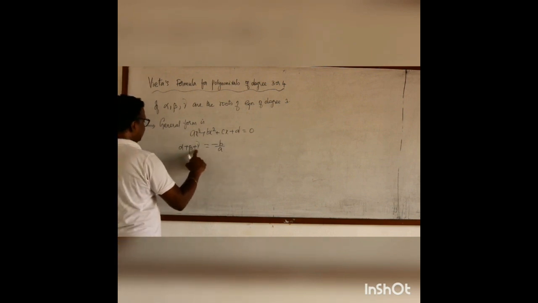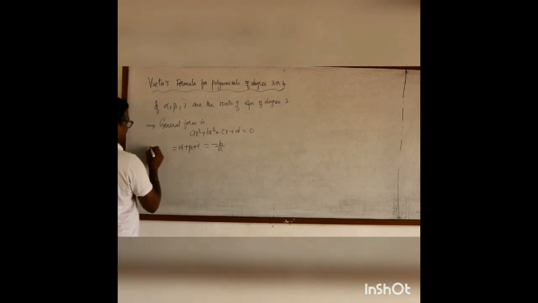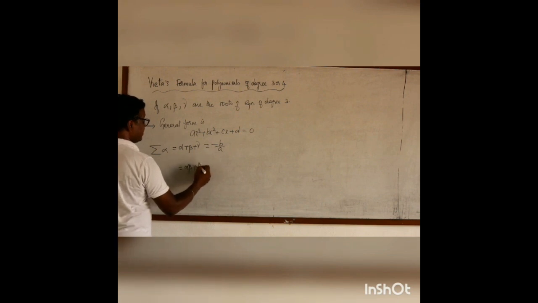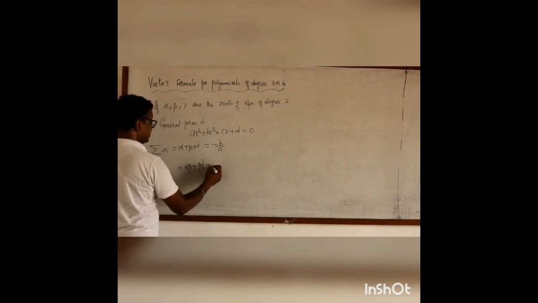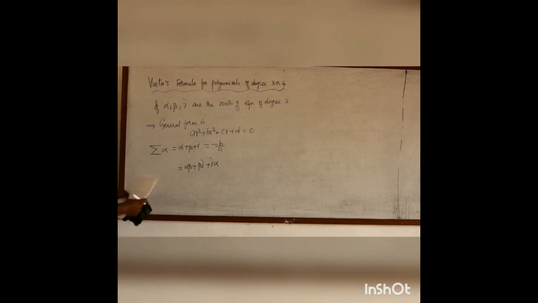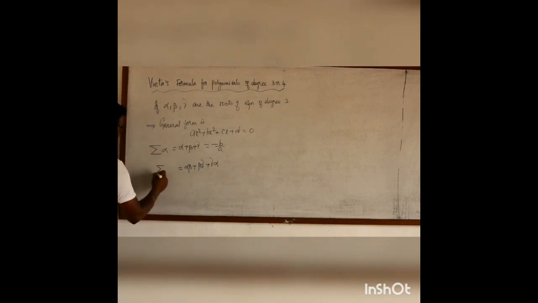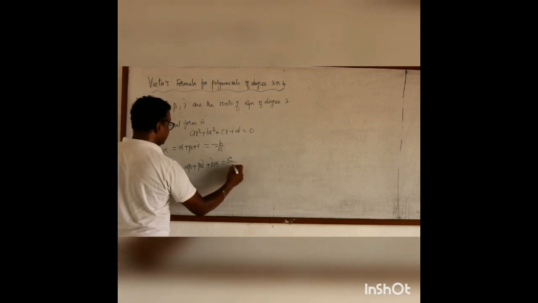Remember, here 3 roots are added, so I can write that as sigma alpha. Sigma alpha means single roots are added, since only 3 roots are involved. Suppose I take 2 roots, then it is alpha beta, beta gamma, gamma alpha. Here I have taken 2 roots together, therefore sigma alpha beta, which is plus c by a.